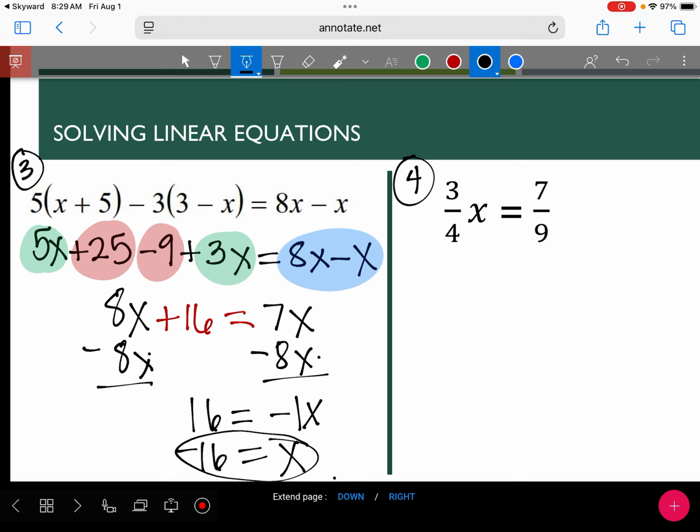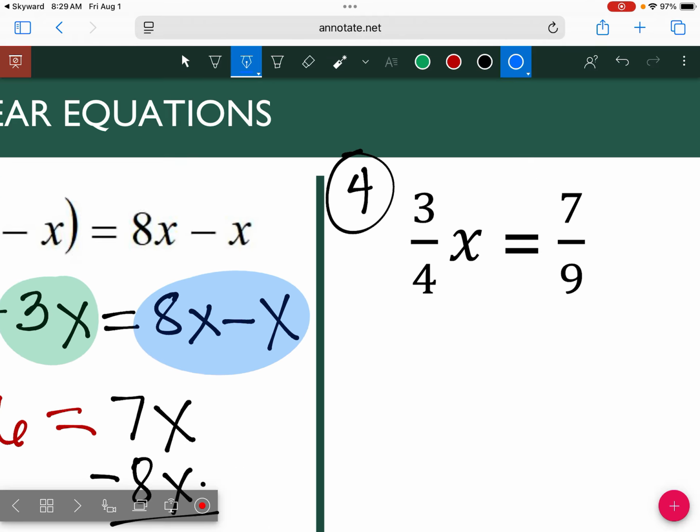All right, what is a method we can use to deal with a fraction? What can we multiply 3 over 4 by to get 1? Reciprocal, yes. What's the reciprocal of 3 over 4? 4 over 3. So I'm going to multiply both sides by 4 over 3.